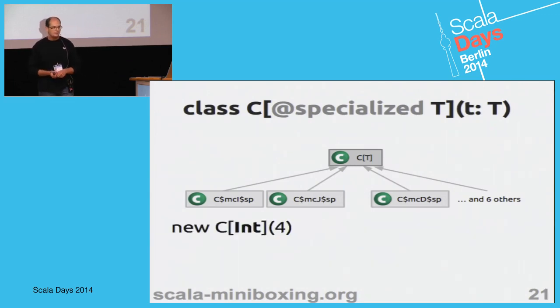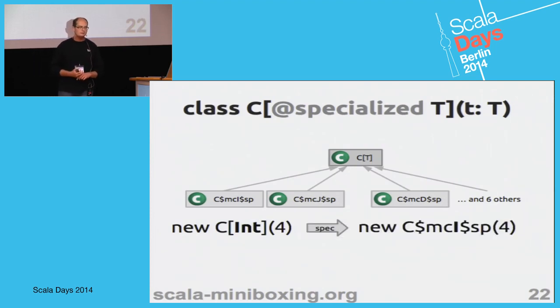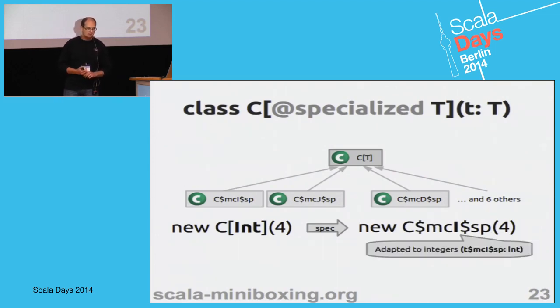If you create a new C of Int, behind the scenes the code gets rewritten to new C$mcI$sp, which is the equivalent of C, just adapted for integers. This means the field you see up there of type T is actually a different field of type Int. Okay, so far so good.